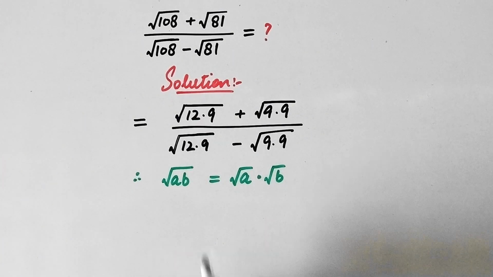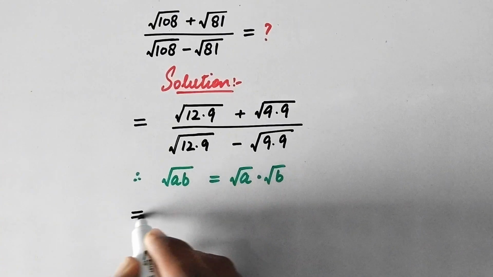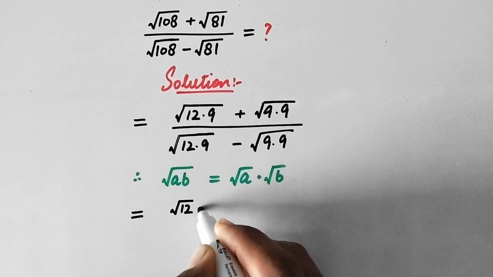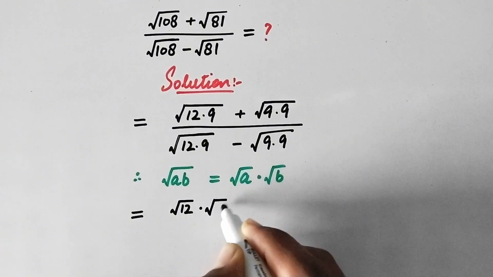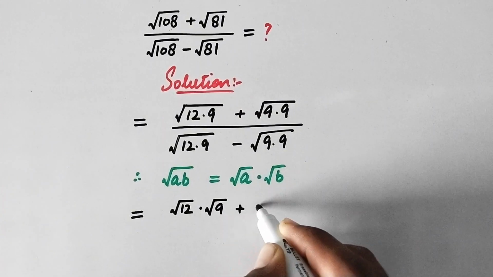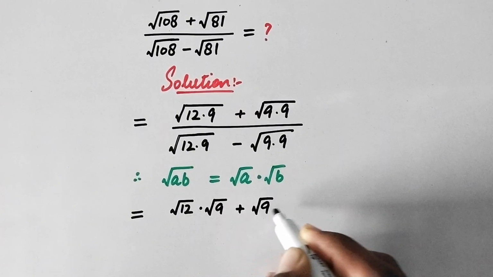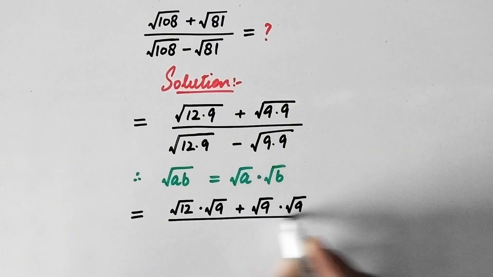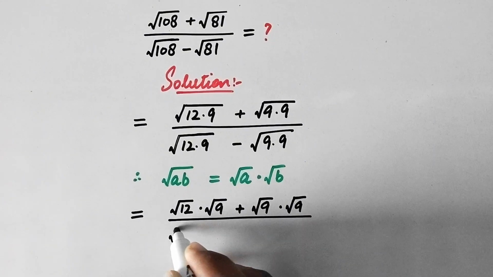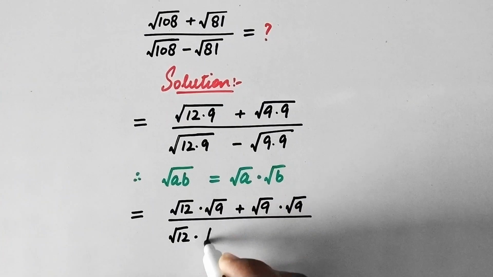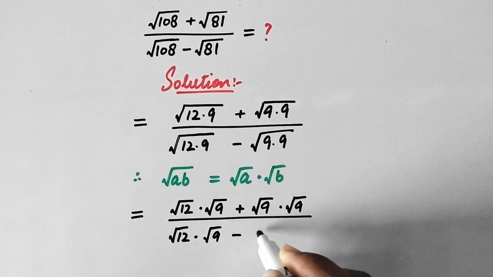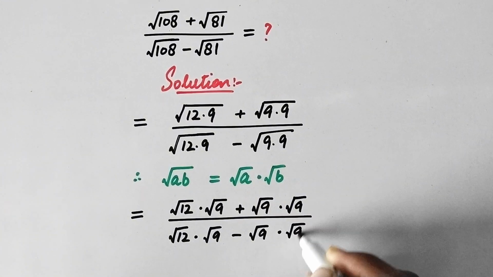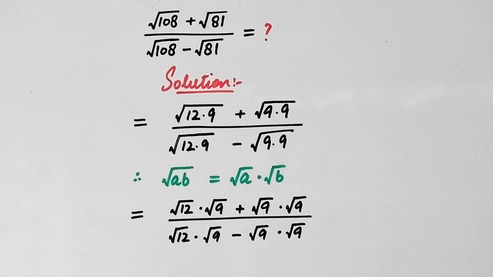So here we will write them in this way: square root of 12 times square root of 9 plus square root of 9 times square root of 9, divided by square root of 12 times square root of 9 minus square root of 9 times square root of 9.